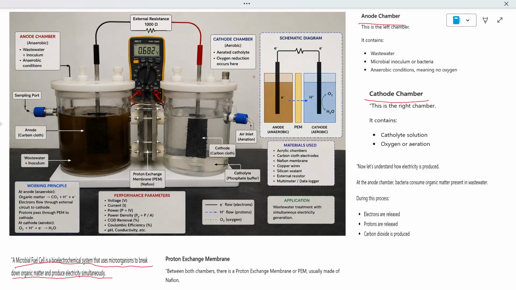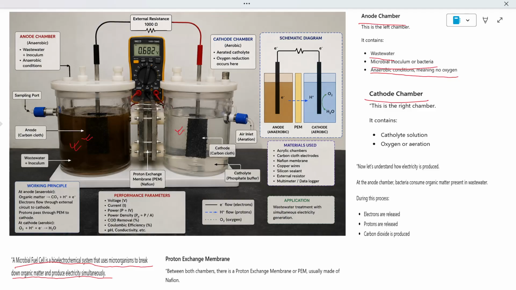It contains wastewater and microbial inoculum, or bacteria, and the condition here is mainly anaerobic, meaning there is no oxygen. Inside this chamber, bacteria mainly degrade organic matter. The electrode used here is a carbon cloth electrode, which is basically called the anode.